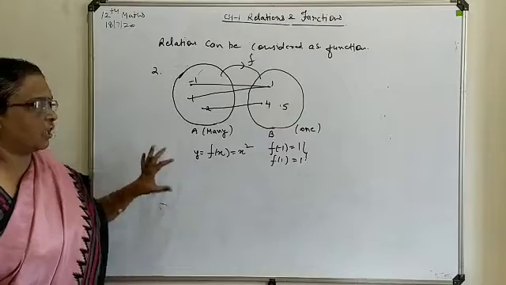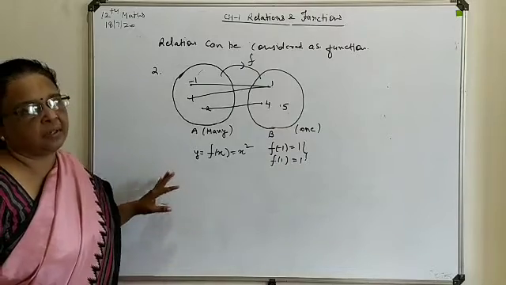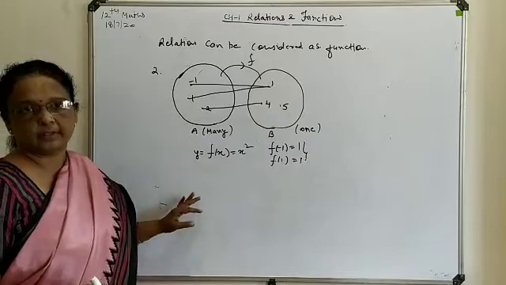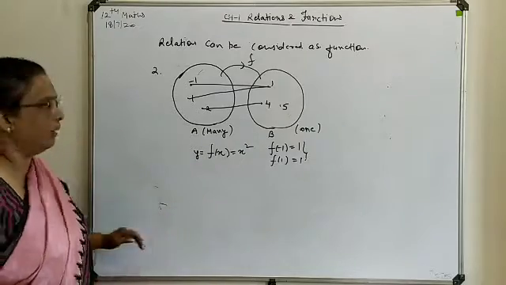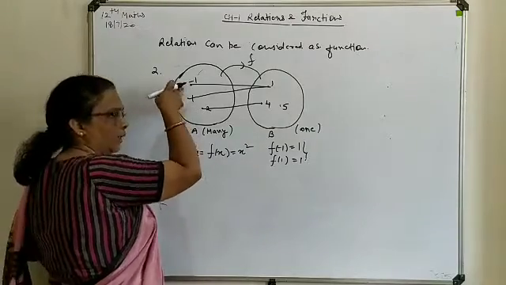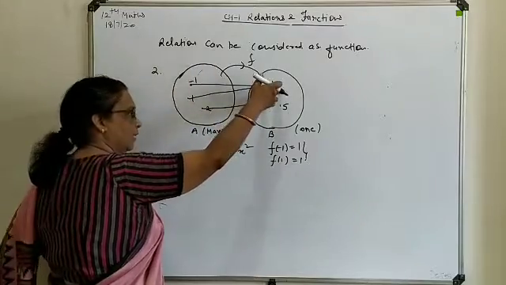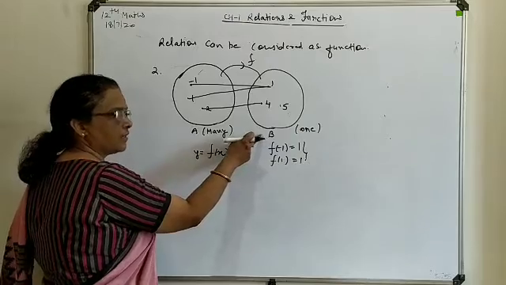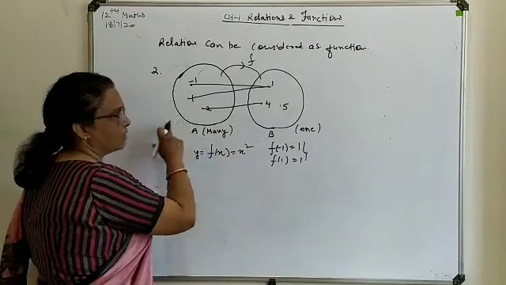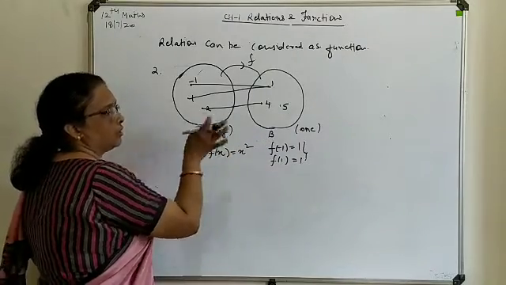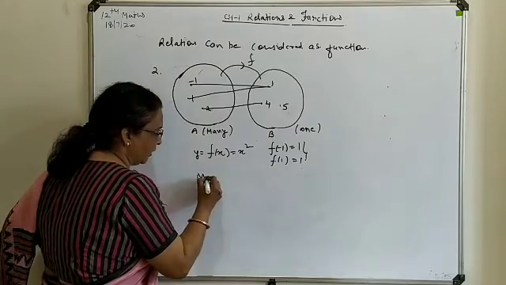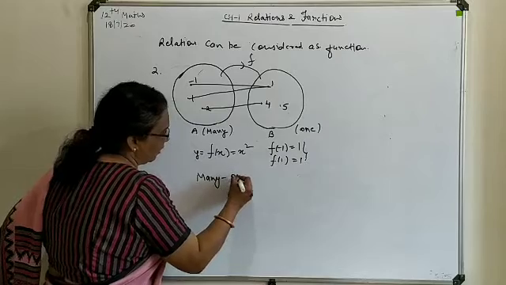Such functions are known as many-one functions, or such mapping is normally known as many-one mapping. It means more than one element has a single image in your range, which means set B. So this type of relation is also considered a function, and such correspondences are many-one.